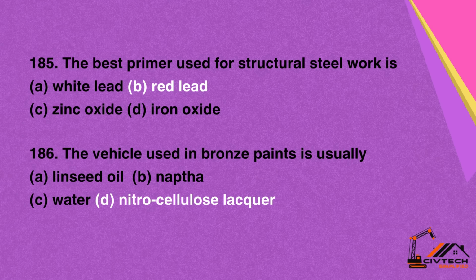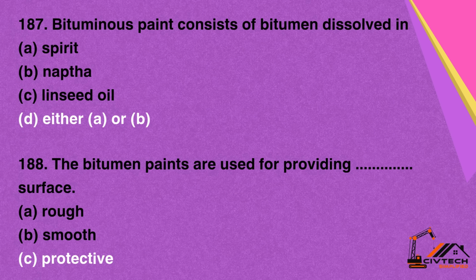186. The vehicle used in bronze paints is usually A. Linseed oil, B. Naphtha, C. Water, D. Nitrocellulose lacquer. Correct option, D. Nitrocellulose lacquer. 187.